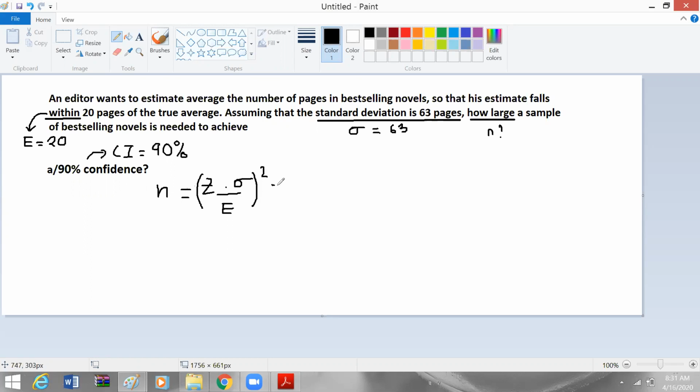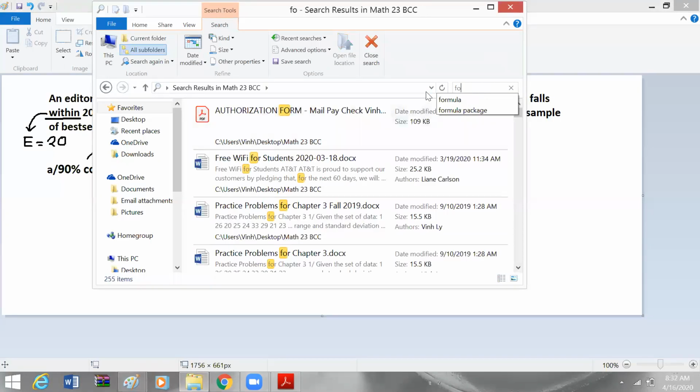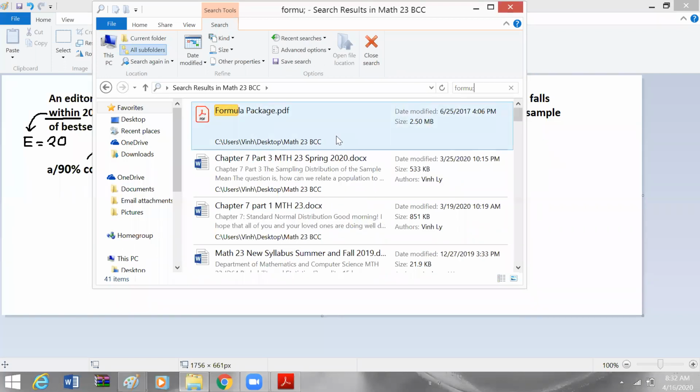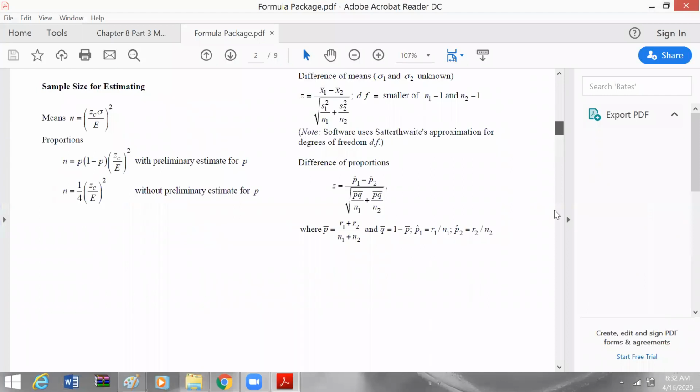It's really important that we know what each value is. The standard deviation that is given is 63, and the error value that we have is 20. The only thing that we don't have is the z-score. What is the z-score? The z-score is given by the table, right? So what is the table that we're going to use? We're going to go to table 3b.